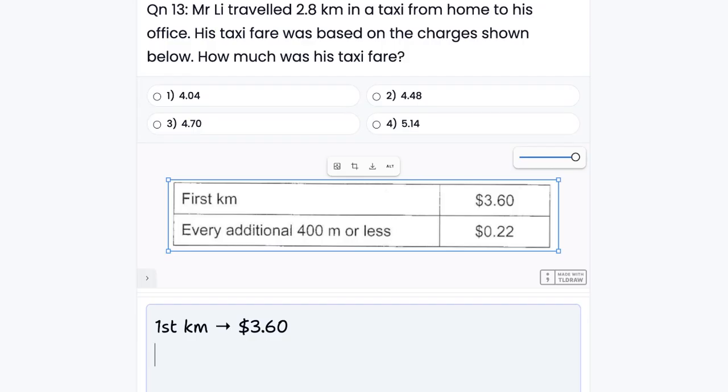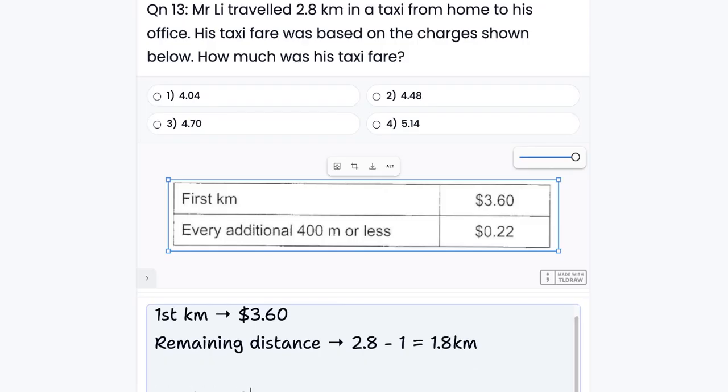Now the next thing is we need to know the remaining distance, which is equal to 2.8 minus 1, equal to 1.8 kilometers.